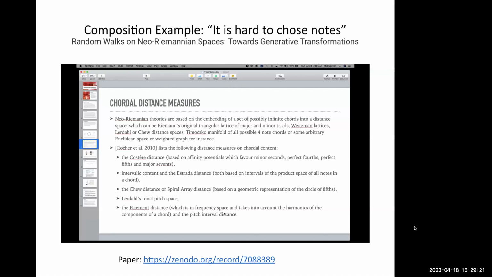There's a bunch of chordal distance measures listed in a survey paper by Rohrmeier. So we have the Costère distance, the interval-class content, the Estrada distance, the true distance, which is also called the spiral array distance, Lerdahl's tonal pitch space, and the Paiement distance.